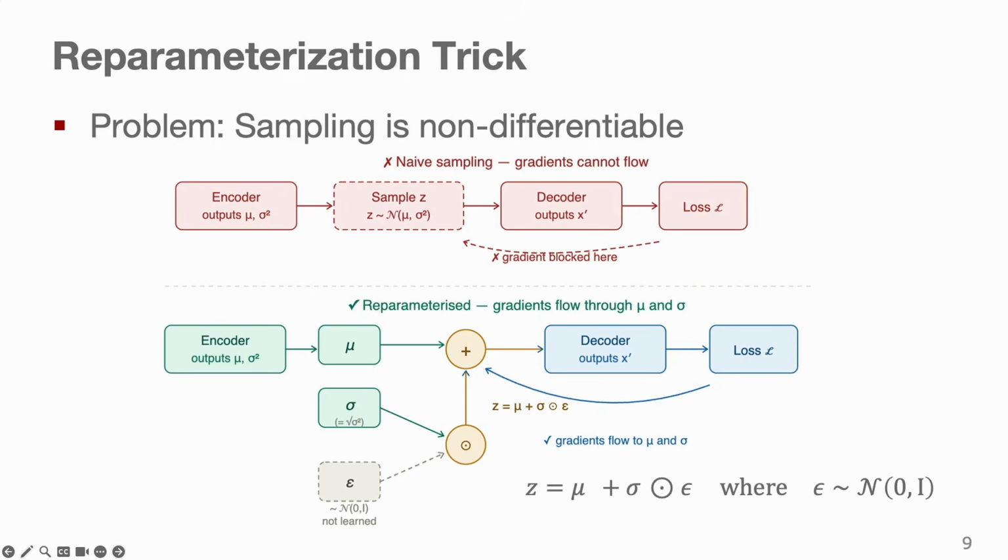And then we define Z equals the mean plus sigma, the element-wise product with epsilon. And you can see on the bottom how now the computation graph pulls this randomness to the side. And so now from the perspective of the gradient, our mean and variances are just nodes in a standard deterministic calculation, and the gradient can flow.